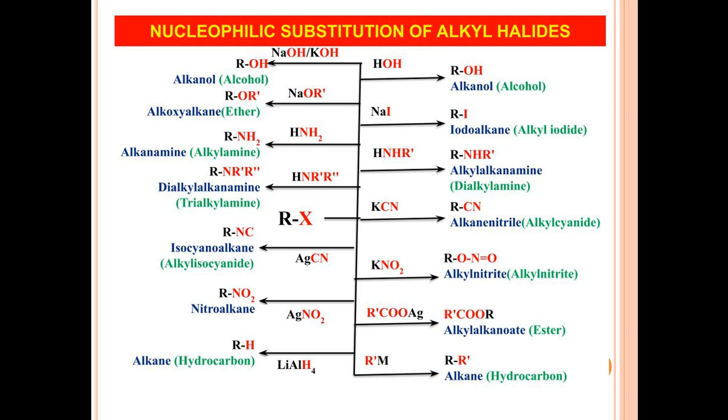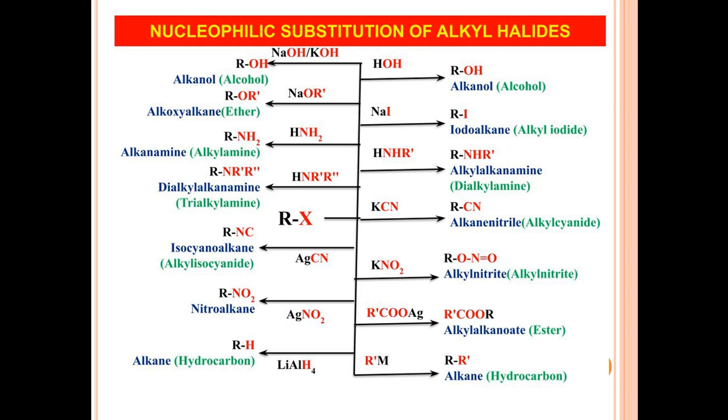Nucleophilic substitution of alkyl halides is a very important part of this unit, because by using this method we can prepare a range of organic compounds. Suppose in the next unit we have to learn alcohols and ethers. So by using this substitution reaction, we can prepare alcohols.